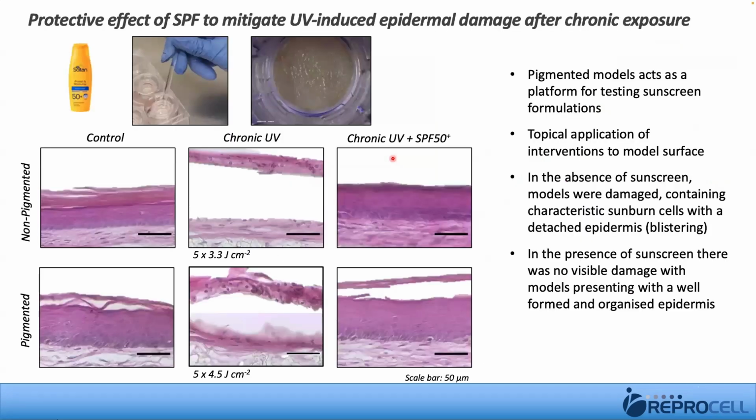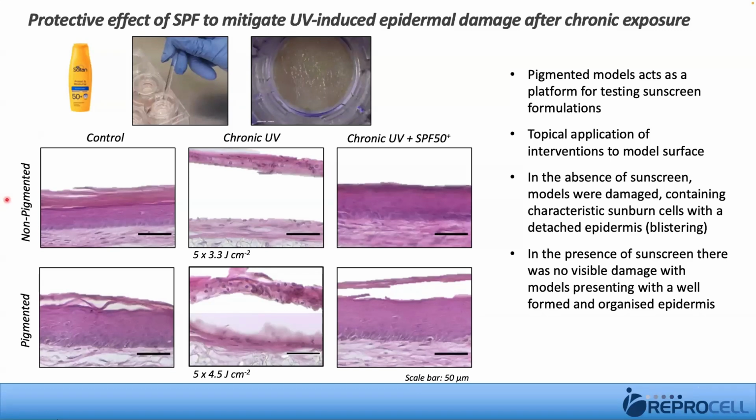This is an example where we are applying a sunscreen to the surface of the model. You can see this is the surface of the skin model here. They are actually quite robust, and you can interact with the surface of the skin very well. I'll give some more examples shortly. This operator here is applying the sunscreen, and we're then exposing models to UV radiation with and without sunscreen.